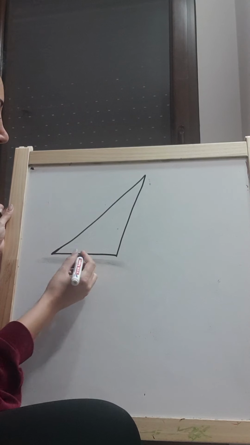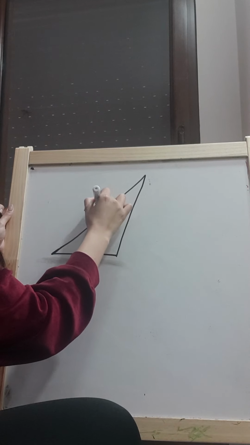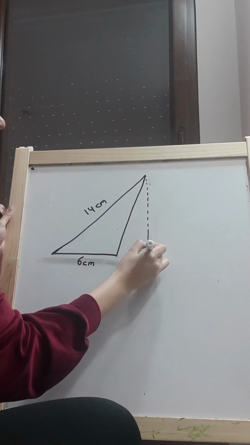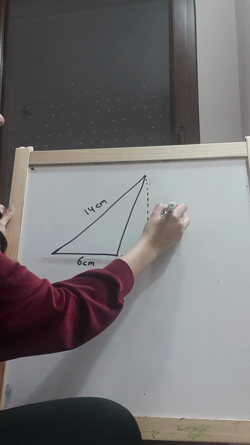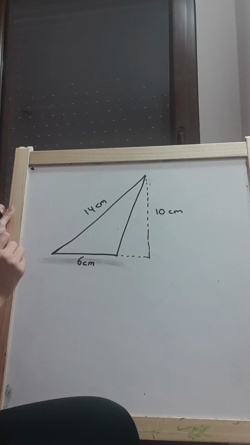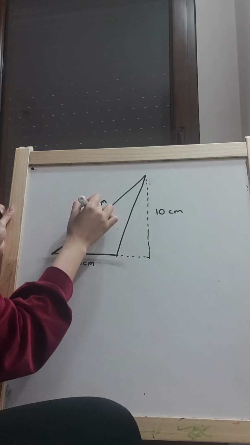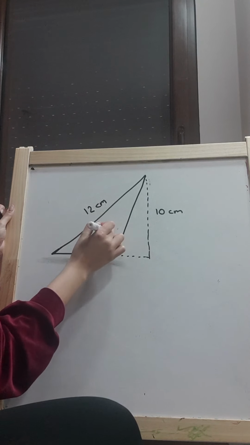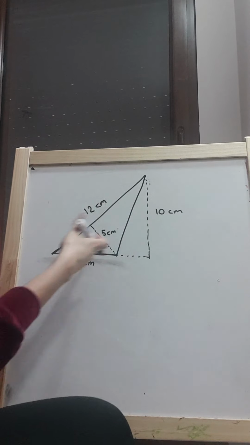Okay, if I tell you that this is 6 centimeters, this is 14 centimeters, this is 10 centimeters, and this is, let's say, 5 centimeters. Okay, now this is an obtuse triangle.